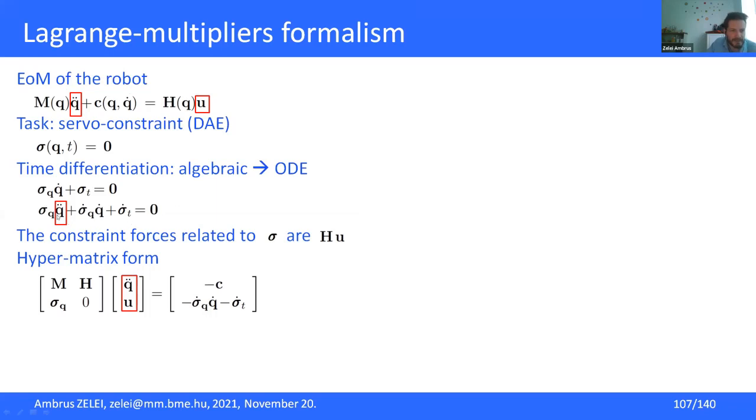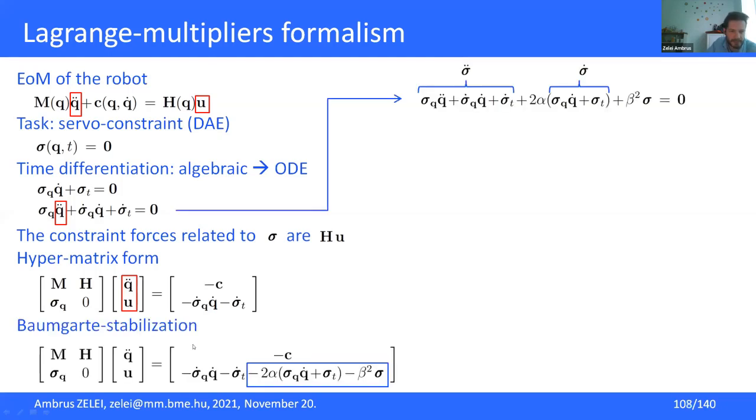And in the second equation, we have the Jacobian of sigma with respect to q times q double dot, which equals these other terms put on the right hand side. So we can put this equation together, and we can solve it after inverting this hypermatrix. We can solve it for the acceleration of the system and also for the control inputs, and that's the important thing for us. But it will not work because of the inaccuracies in the system.